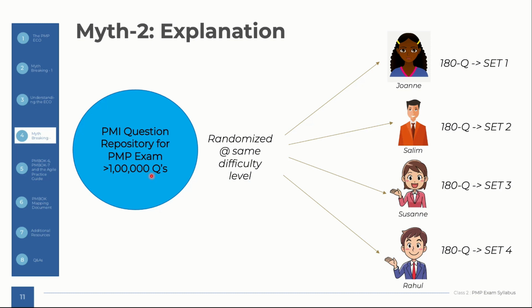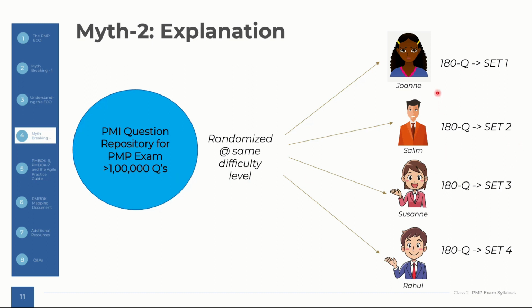From this massive set of questions, PMI does a randomized sampling at the same difficulty level and selects each set of 180 questions for different exam aspirants. For example, if Joan gets set 1 of 180 questions, Salim will get set 2, Susan will get set 3, and Rahul will get set 4. In summary, guys, all of these sets are a subset of this huge exam repository.